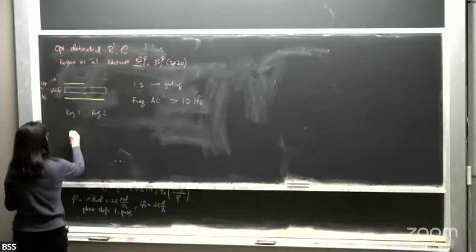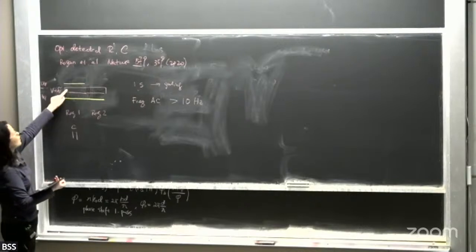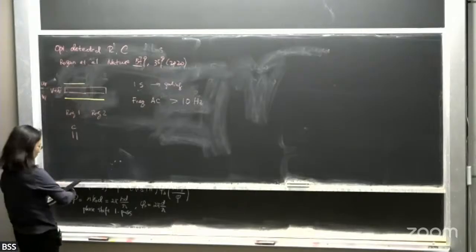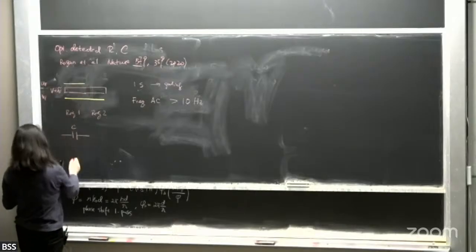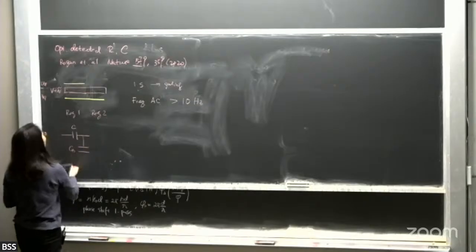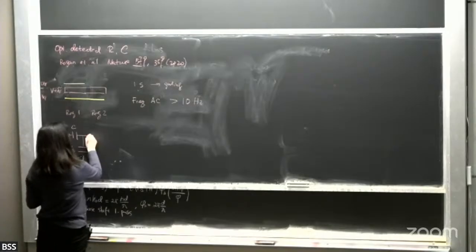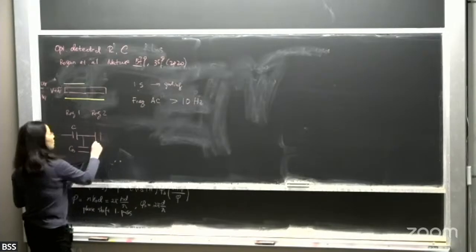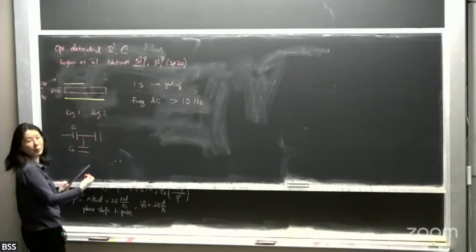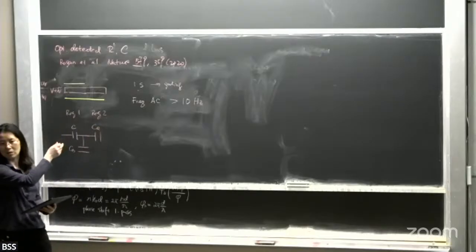So we can have a capacitance, and this will be the capacitance between your sample and the top gate in this part of the sample. And you can also have capacitance between your sample and the bottom gate. And then your sample has its density of states, right? So this is something we call quantum capacitance. This is just the density of states.